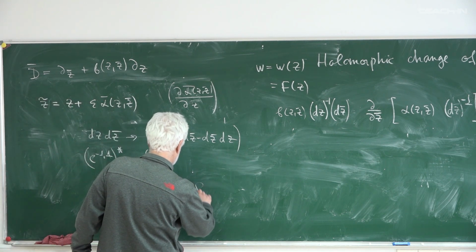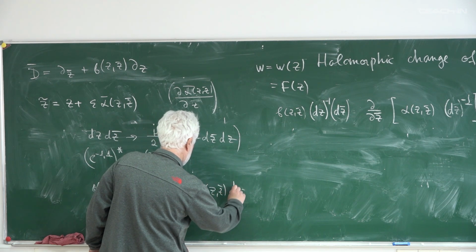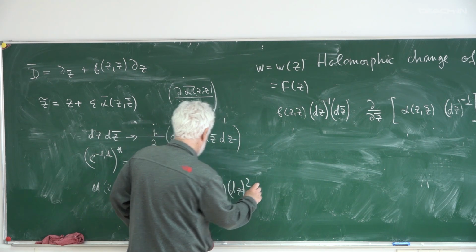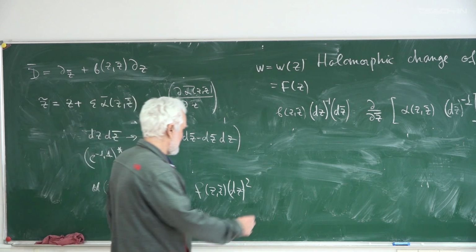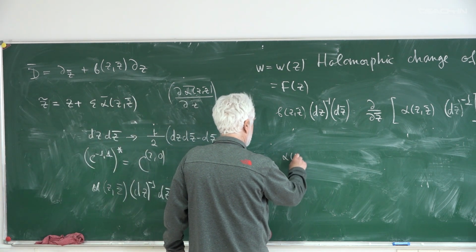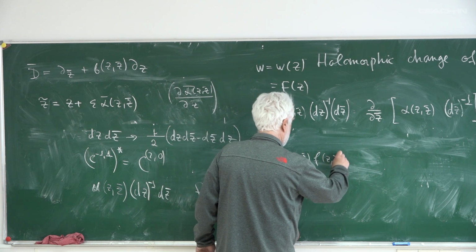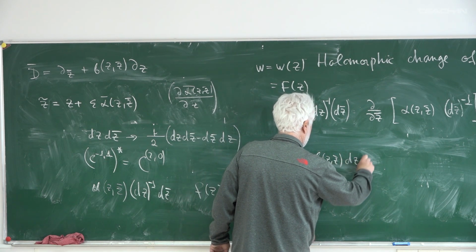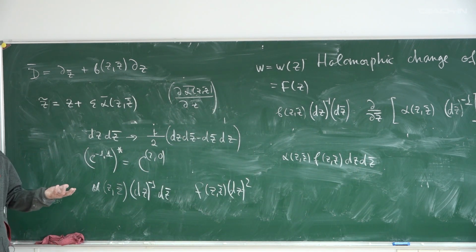Dual space will be objects f. You agree? If you multiply these two objects, you obtain the product alpha of z bar, f of z bar. And this object can be integrated. Remember, I told you. So we have the proper duality.